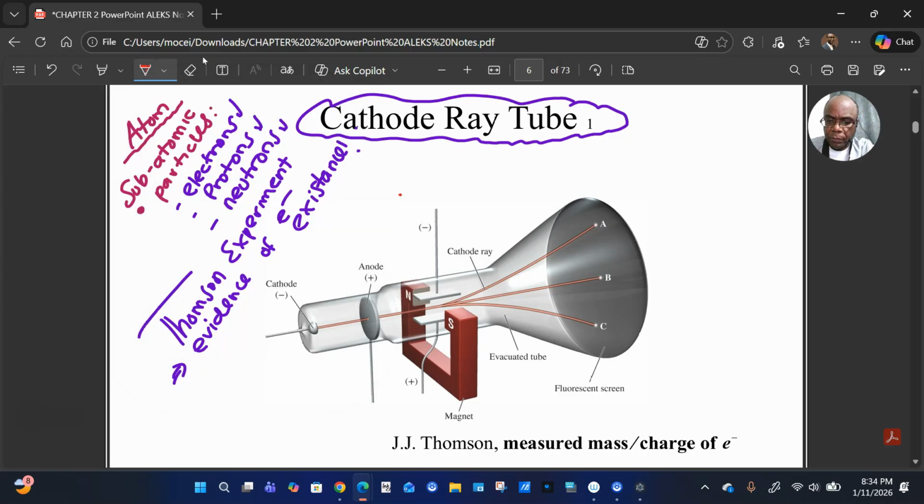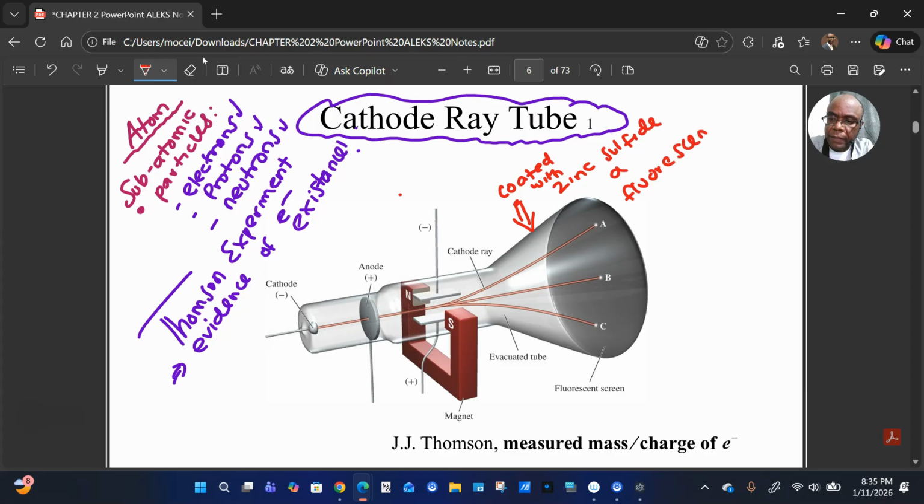He took a piece of a cathode ray tube. It's called a cathode ray tube because the ray created in there was a cathode ray. And this tube is coated with, I believe, zinc sulfide, which glows.